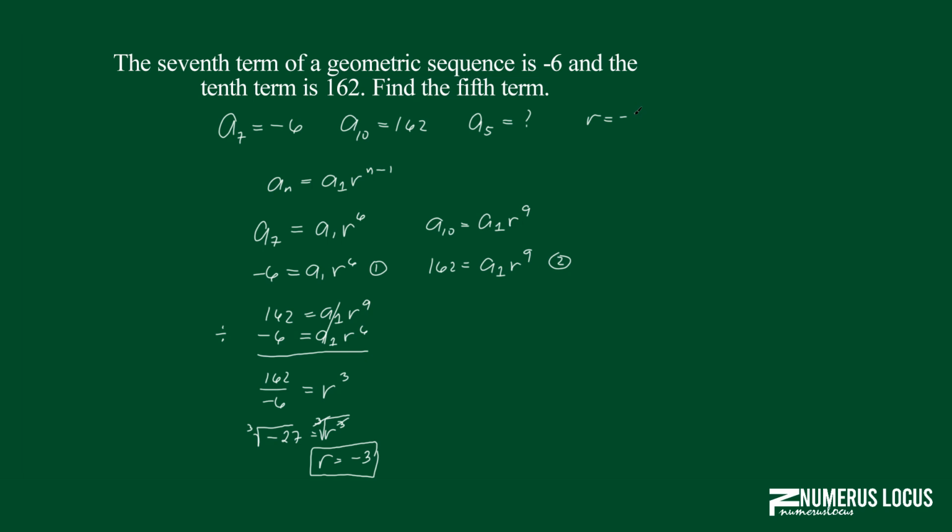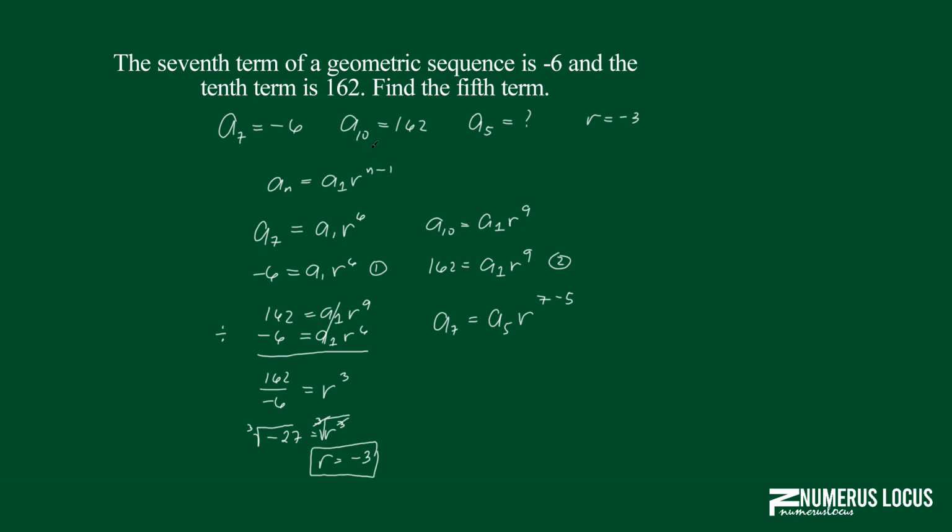r equals -3. We can rewrite a sub 7 as a sub 5 times r, with the exponent 7 minus 5. You can also rewrite terms in a sequence by subtracting the positions that correspond to their terms.